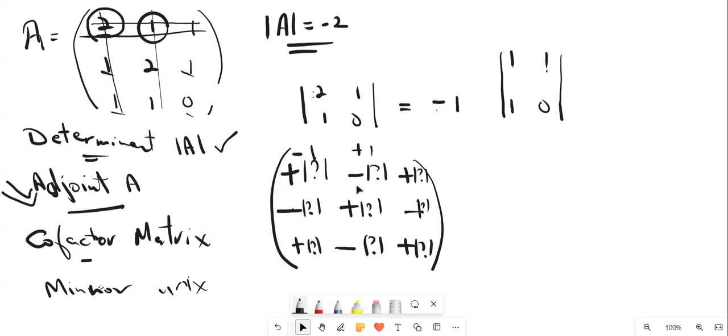So let me at least help you with all the cofactors that you will get. Let me remove one.